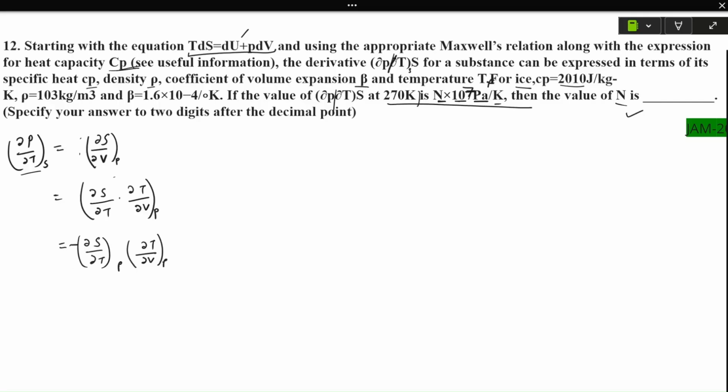If I multiply it by T and here divide by T, so what do I get? TdS जो होता है वो मेरा क्या होता है? dQ. I know ना, dQ upon del T at constant pressure and 1 by T del T by del V at constant pressure.